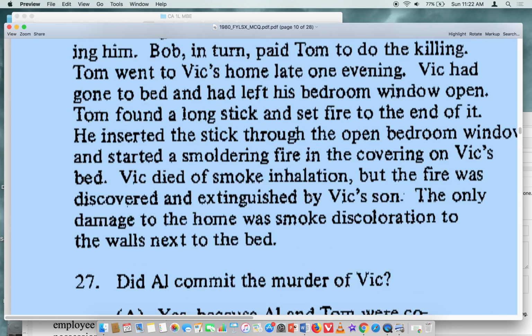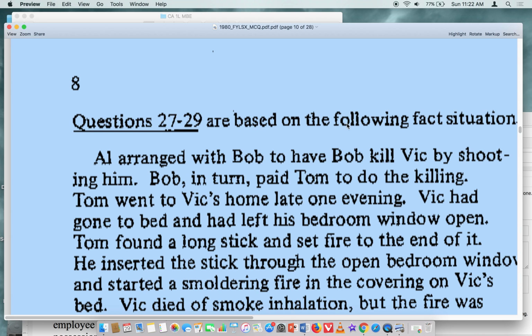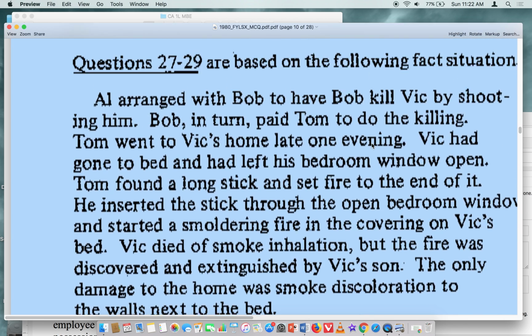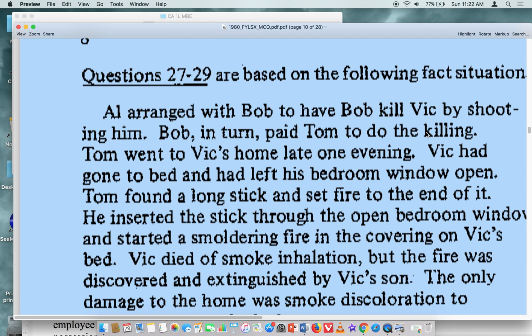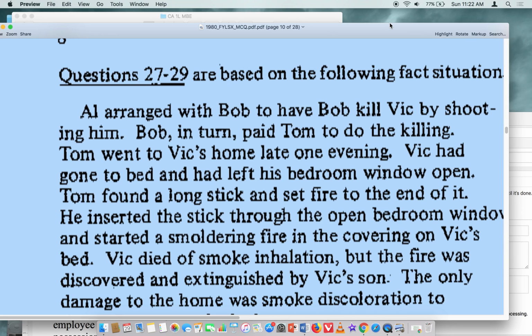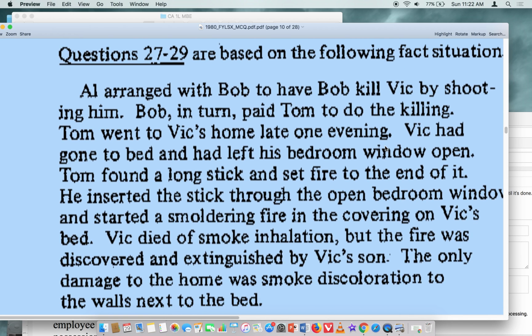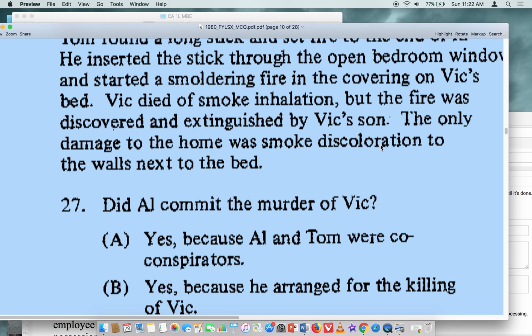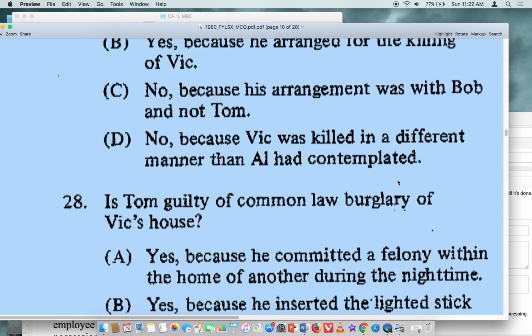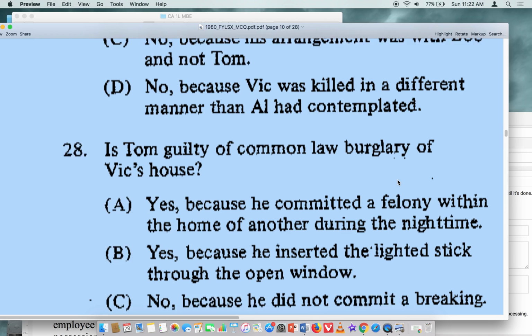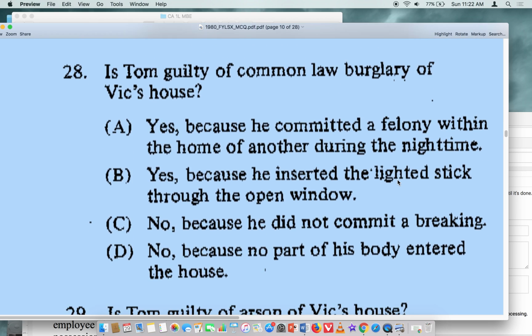They won't combine them together, even though it's the exact same fact pattern. I guess they decided it wasn't fair to have it at the top if the question was on another page. I don't know, but they're doing it a little differently now. But they'll use the same question.